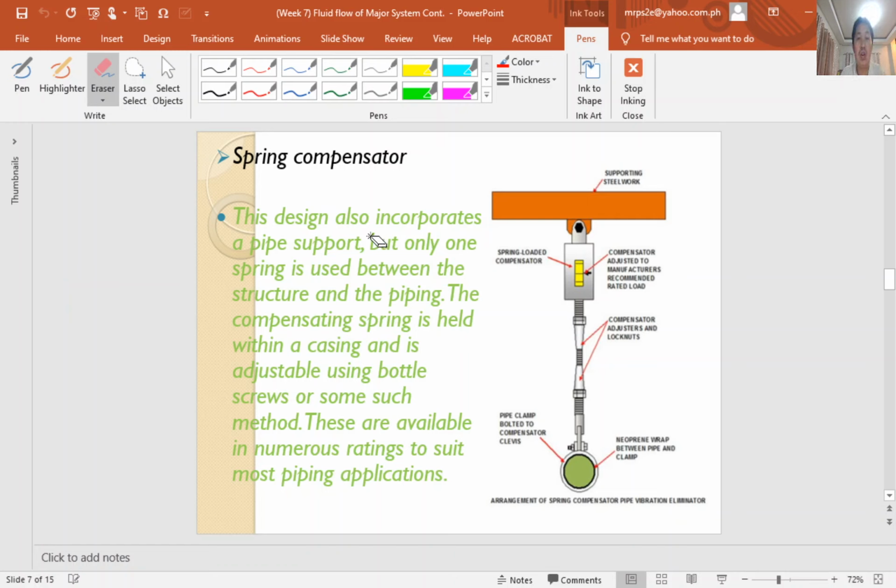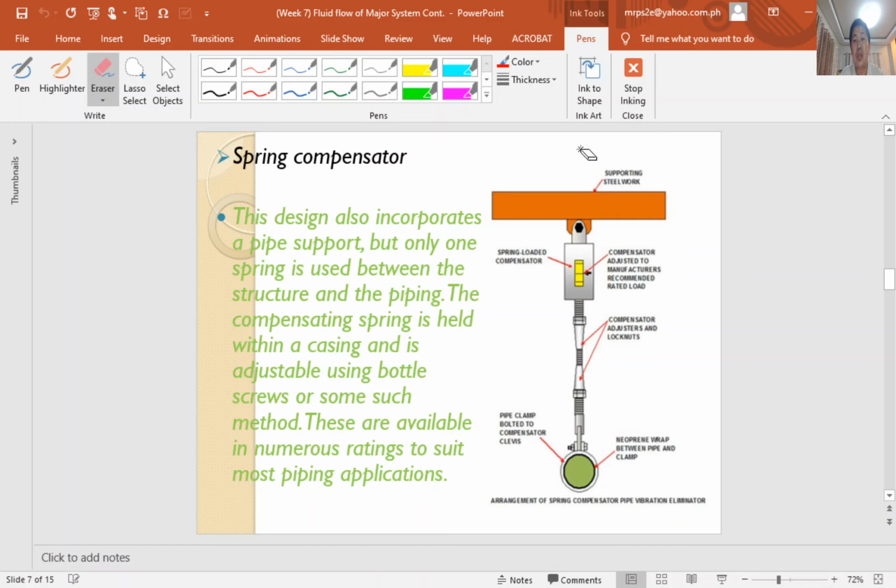This design also incorporates a pipe support, but only one spring is used between the structure and the piping. The compensating spring is held within a casing and is adjustable using bolts, screws, or some such method. These are available in numerous ratings to suit most piping applications.